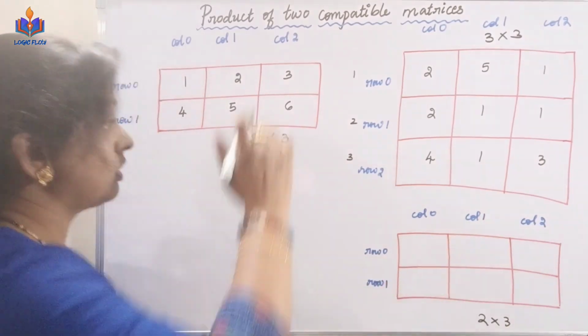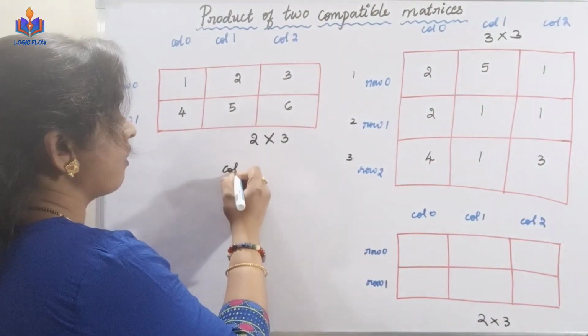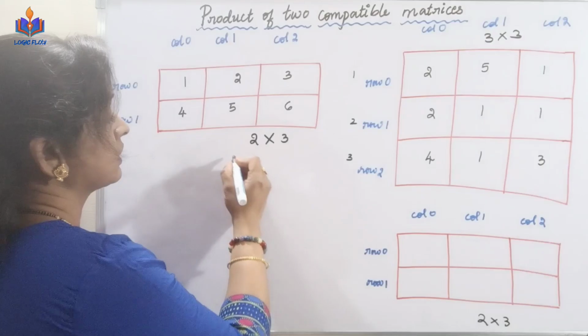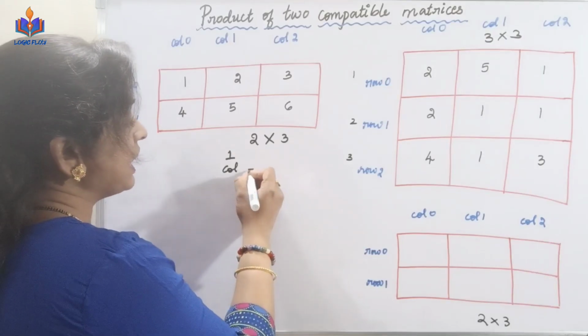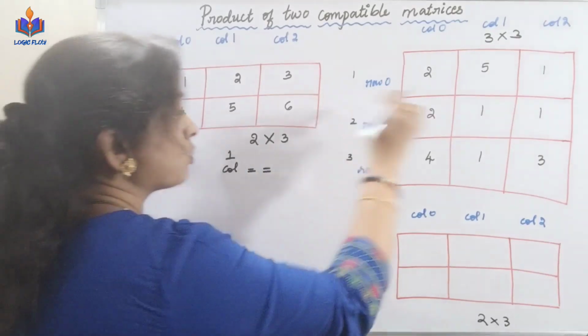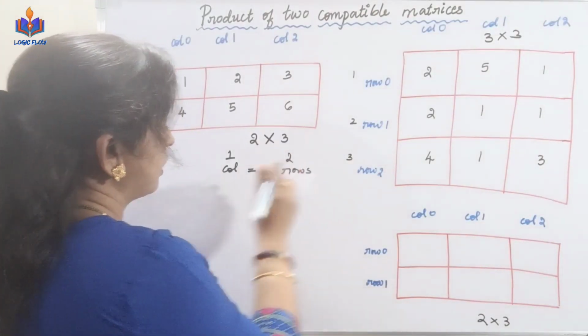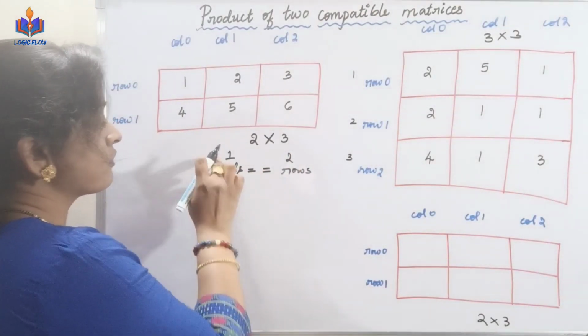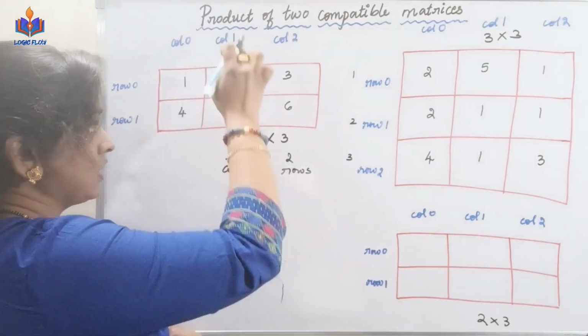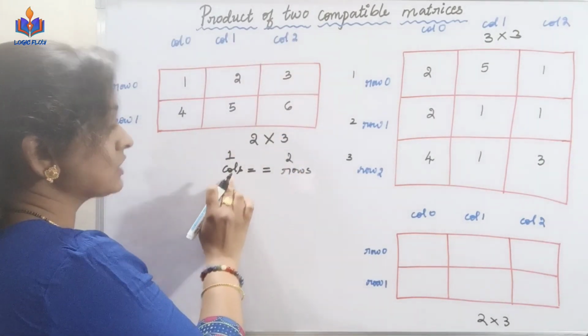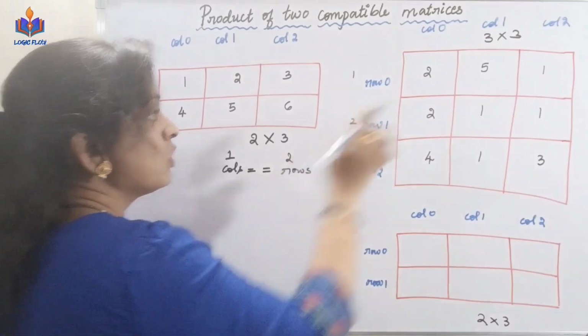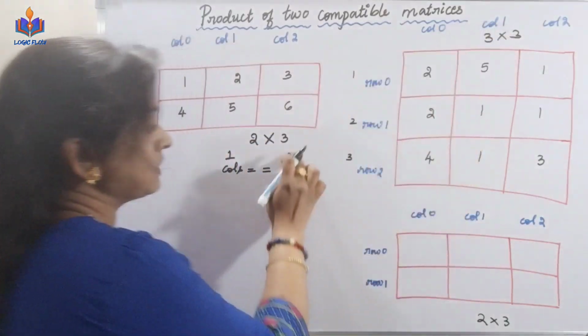I'll repeat: the columns of the first matrix should be equal to the rows of the second matrix.